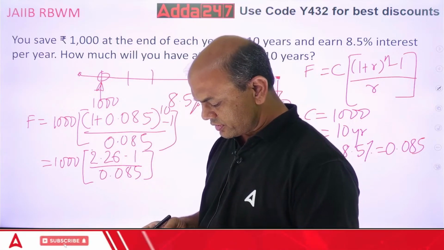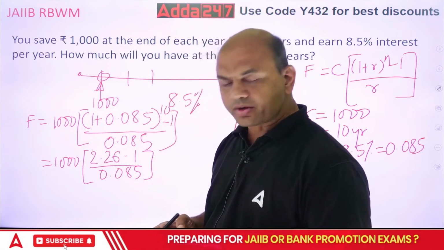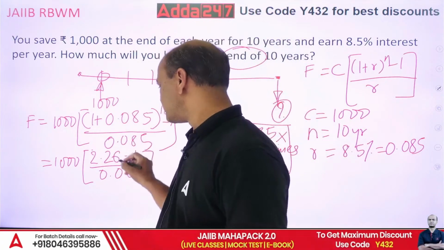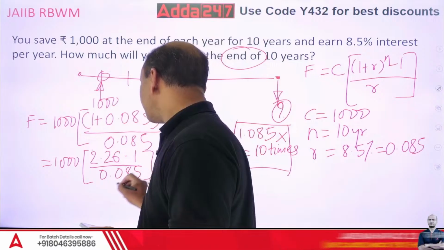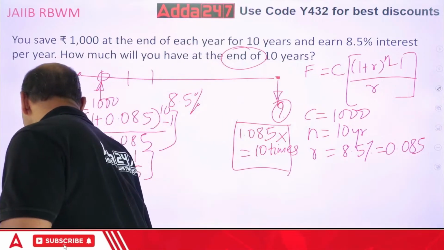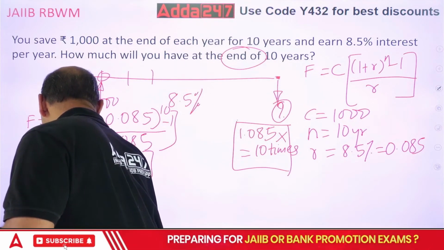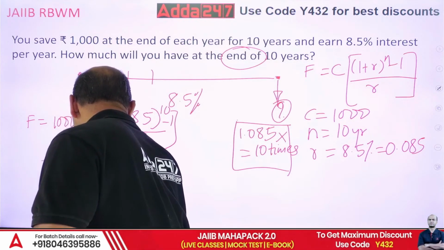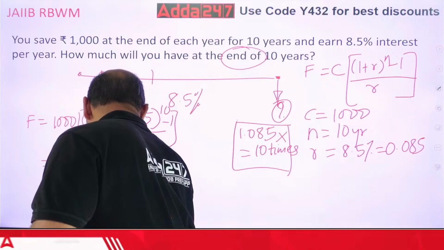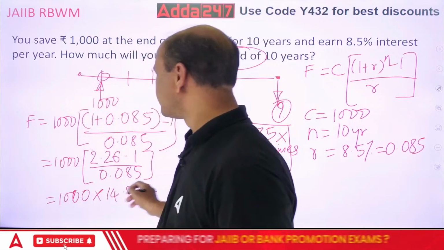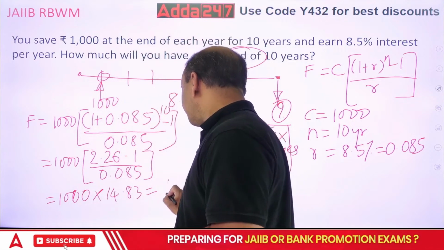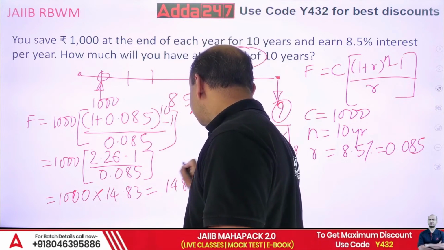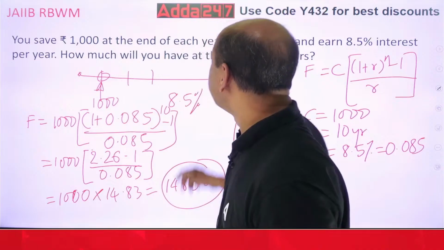What are you getting? 14.83. So it is 1000 into 14.83. Multiply this with 1000, so 14,830. This is the amount you will have at the end of 10 years.